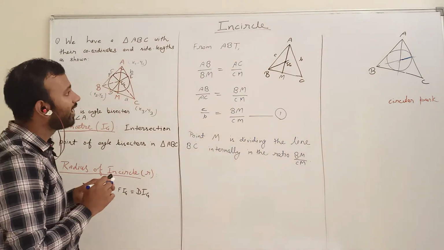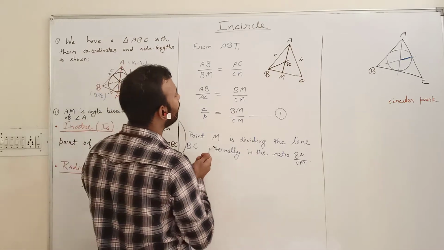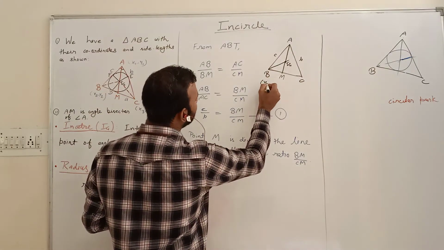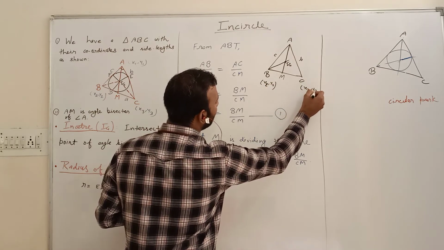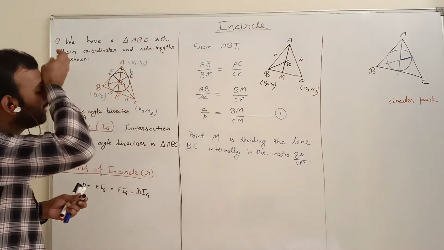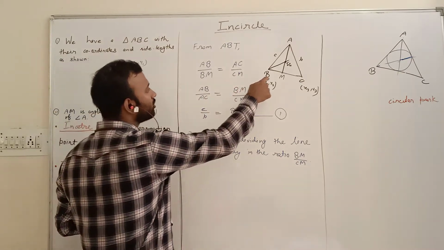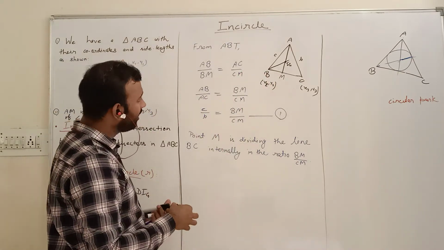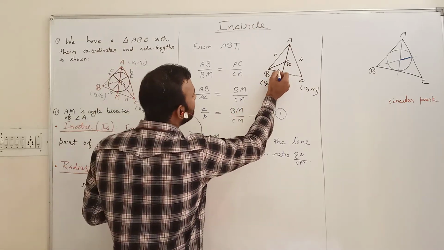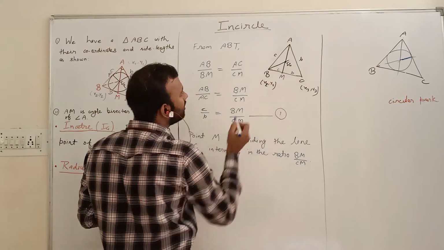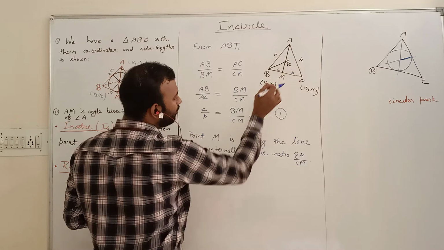We can find the coordinates of M also, because we have B as (x2, y2) and C as (x3, y3). We have the coordinates of B and C, and we have to find the coordinates of M. BM upon CM we can write as c upon b. So point M is dividing the line BC in the ratio c is to b.